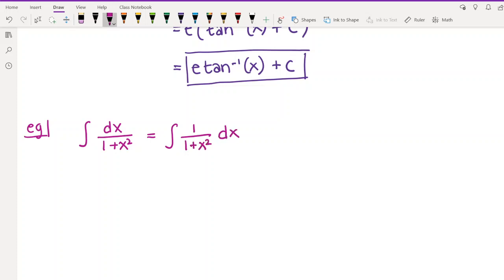You'll see that notation being used sometimes. It's just a way to make the integral more compact. So whenever you see a dx in the numerator, if you want, you can just replace it with 1 and move the dx down. So that would just be, again, inverse tangent.